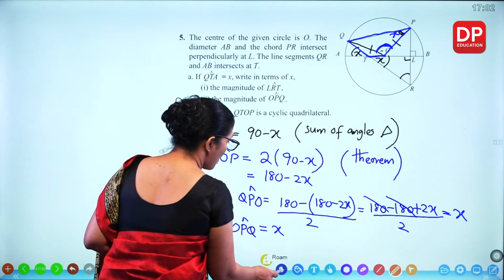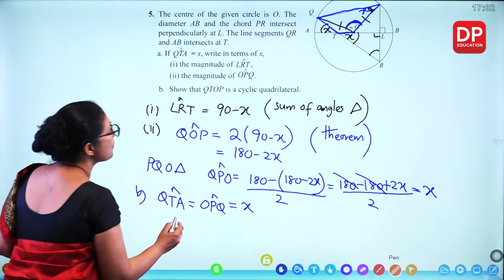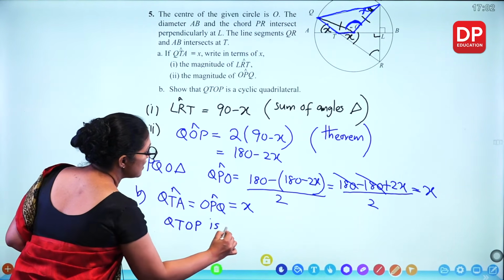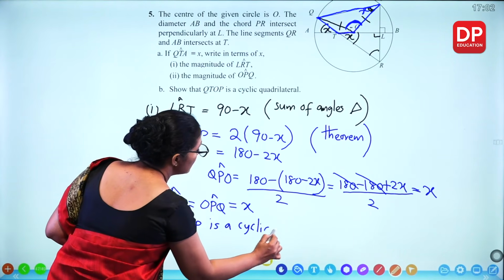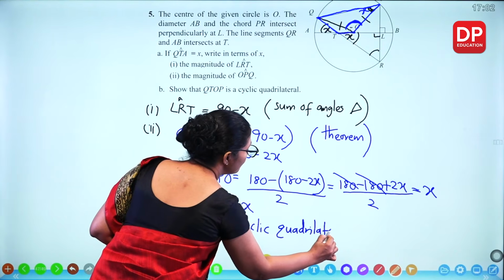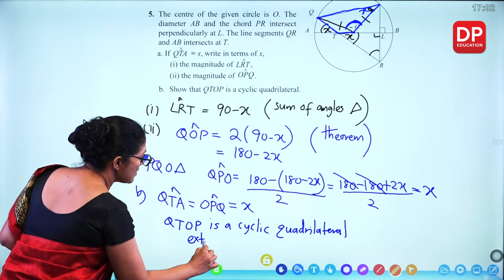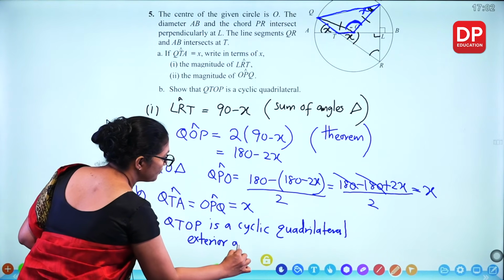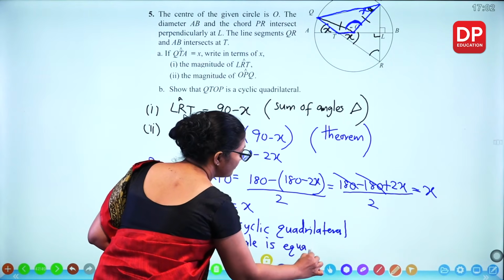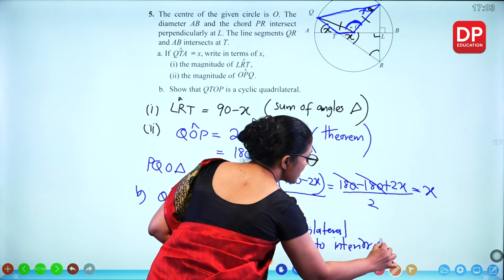So we can write down QTOP is a cyclic quadrilateral, because the exterior angle is the same as the interior opposite angle.